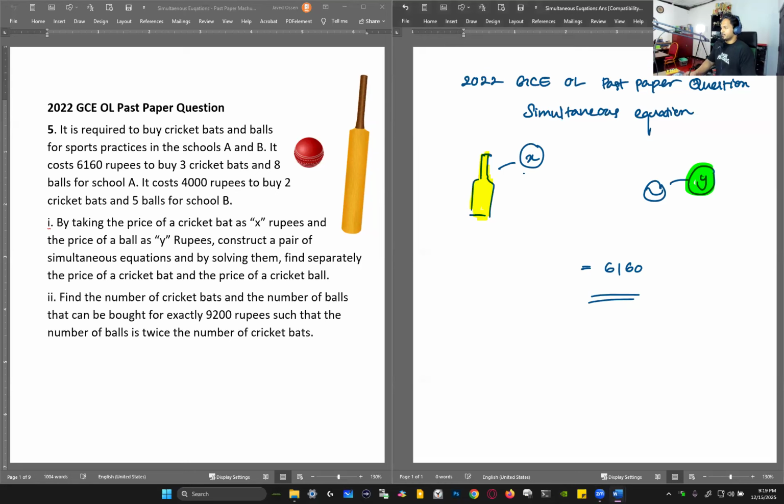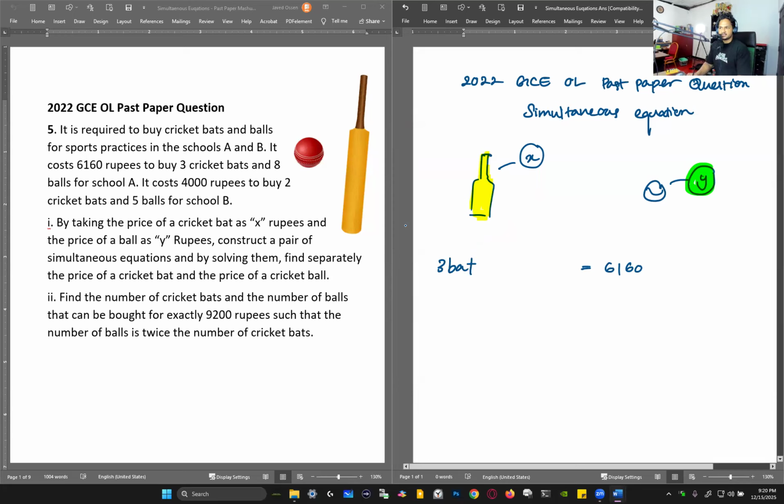So coming back to the point, we have 6,160 on one side, right? It costs 6,160 rupees to buy 3 cricket bats. So on the left side, we write 3x, because x is what depicts a bat. If you want, you can even write 3 bat. That's 100% correct.